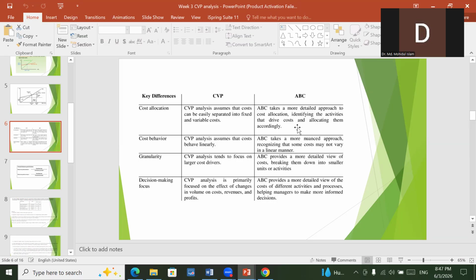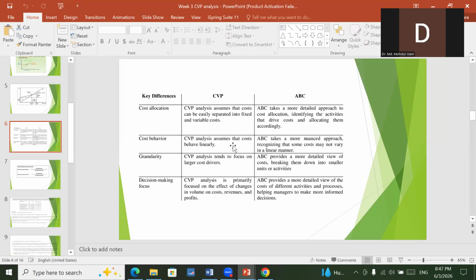So when an element or component increases, cost increases. When a component or element decreases, cost decreases. This allocation or technique is called ABC technique. Another is cost behavior.